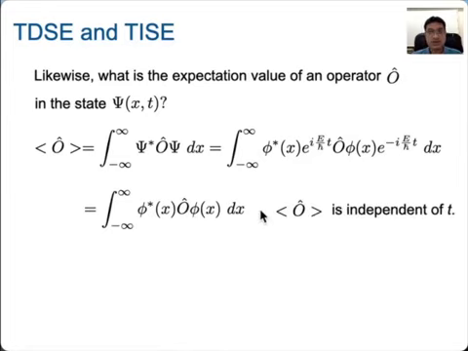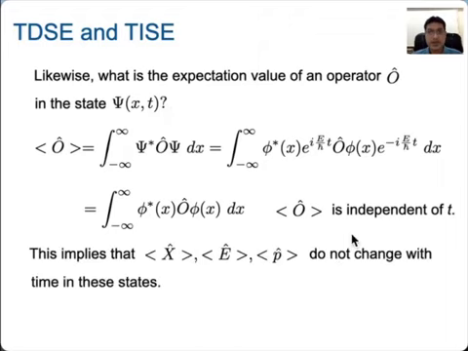Okay, so what you have noticed is that the expectation value of any operator O in this psi of x,t, where psi of x,t is in the product form, is independent of time. Okay, this implies that the expectation values of the position, energy, and momentum operators do not change with time in these particular states.